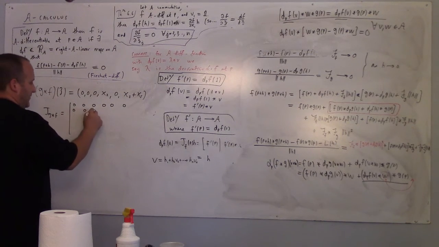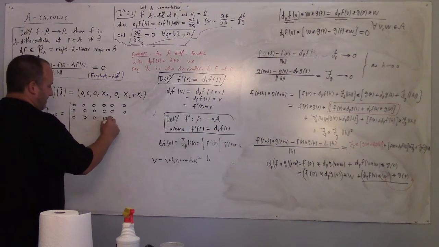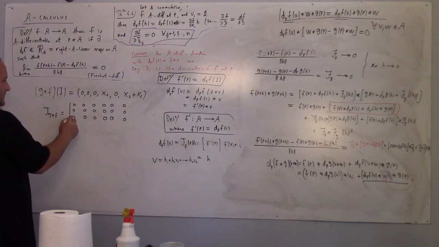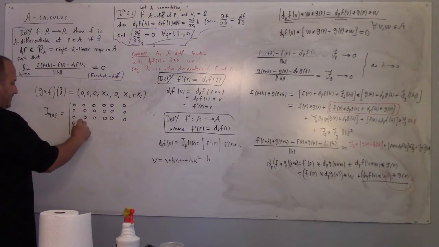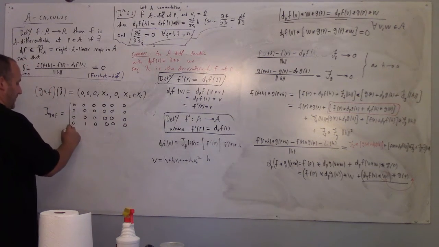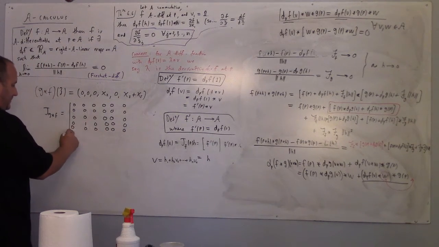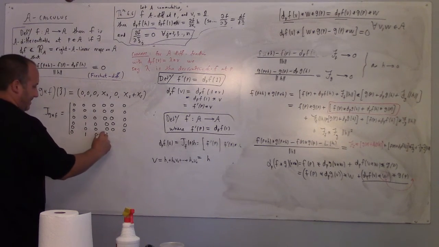First of all, 3 rows of zeros. Then x2, zero, another row of zeros, and then x2, x5.